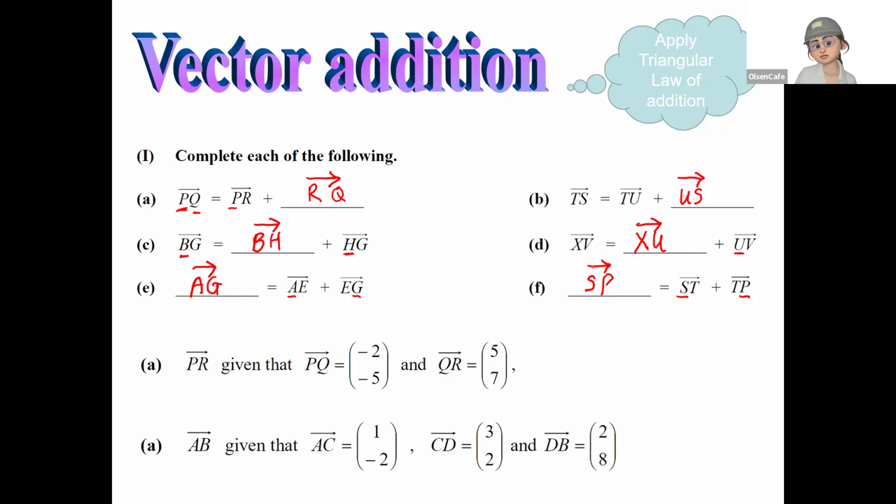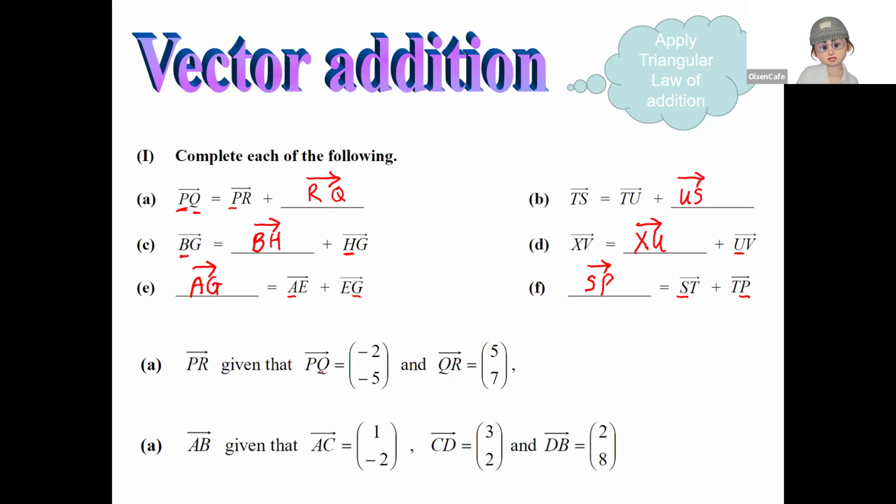This may seem very easy at this point in time, but the challenge will be how we can apply this when we solve more complicated questions that involve vectors. So let's further practice. The next question: I want to find PR.